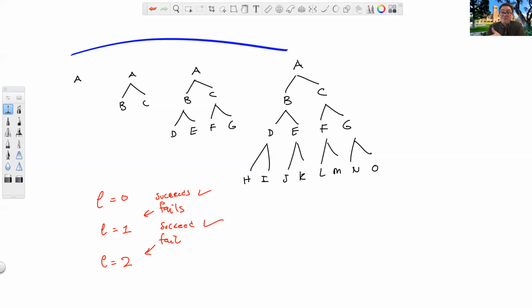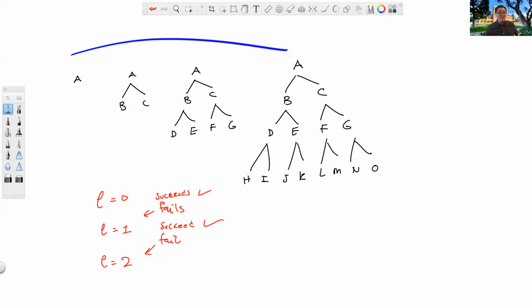This is complete, because you will not go to another level before you have examined things at the previous level. And it is optimal, because you're going to be checking things at a particular level before you check things at the next level.